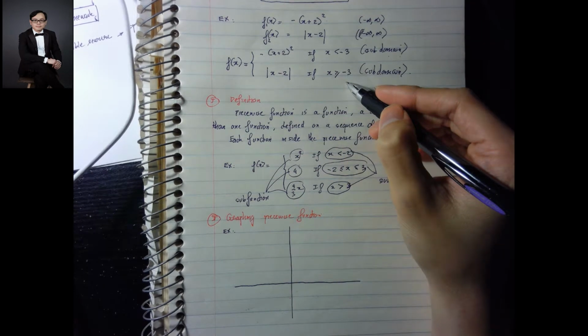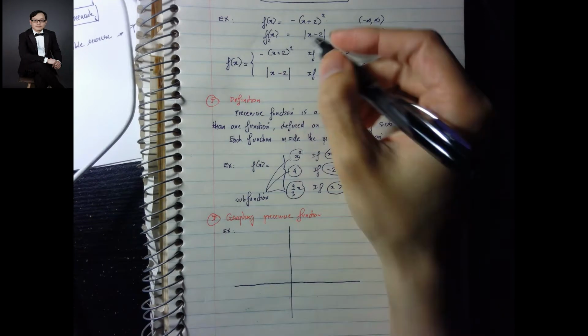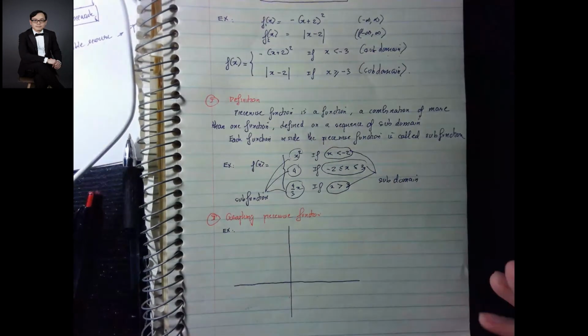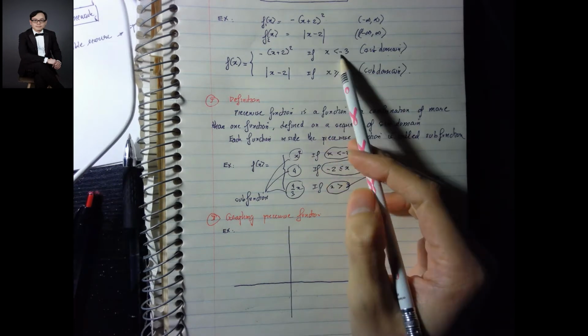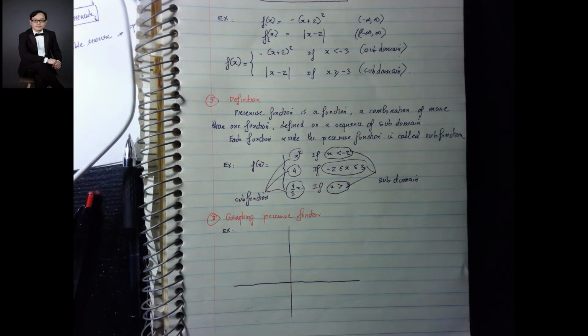Then we have the whole piecewise function graph. Let's grab the first one first. I'm going to use pencil because I'm going to apply the restriction, so maybe I have to erase the part that I don't need. Over here I don't need the whole domain from negative infinity to positive infinity, we just need a part of it.